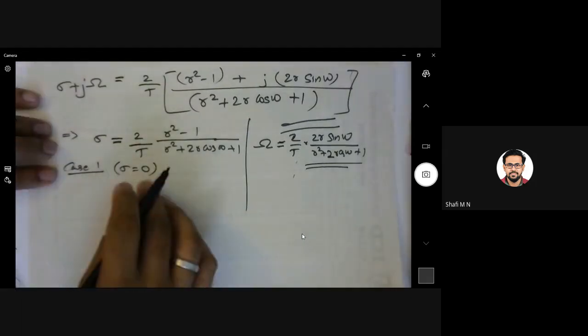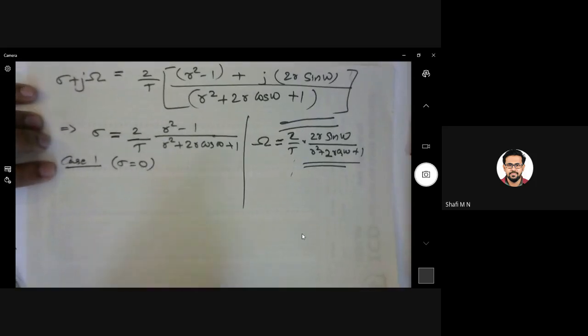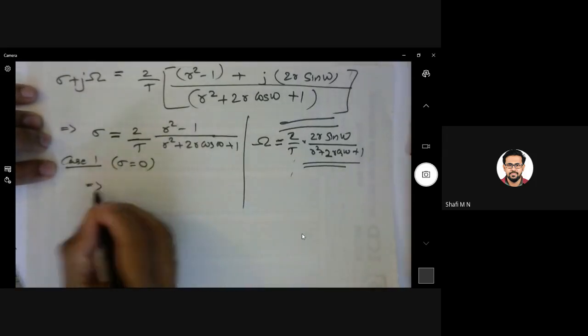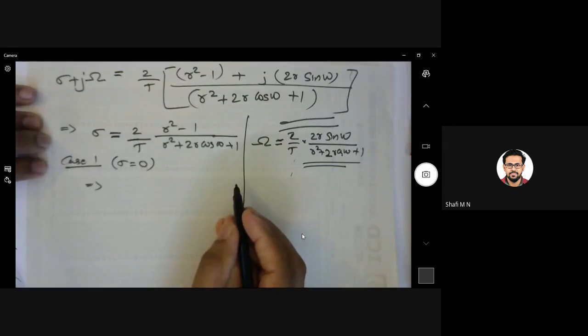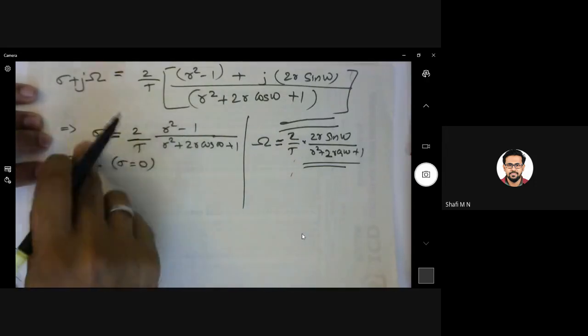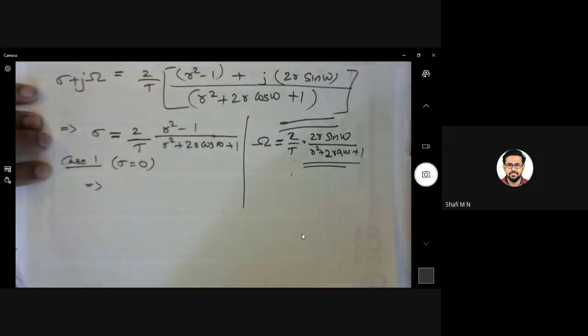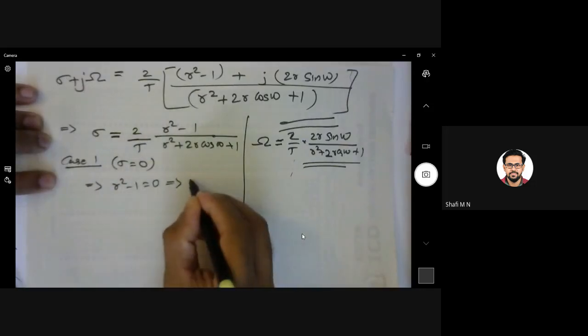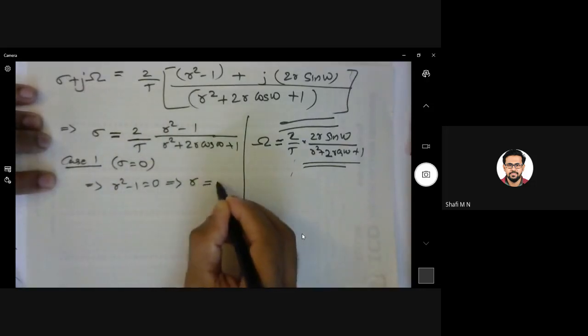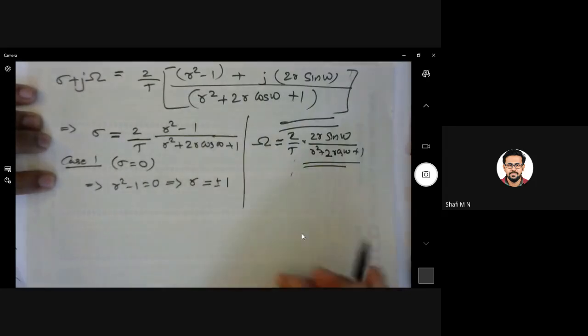So let me see what happens with that. Sigma equal to 0 implies this numerator has to be 0, isn't it? That means r square minus 1 equal to 0, which implies that r equal to plus or minus 1.